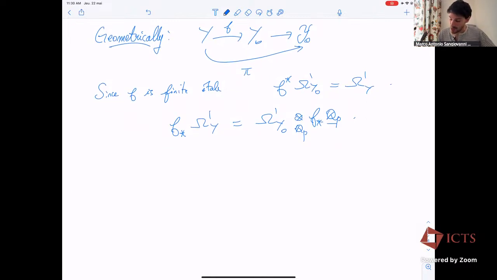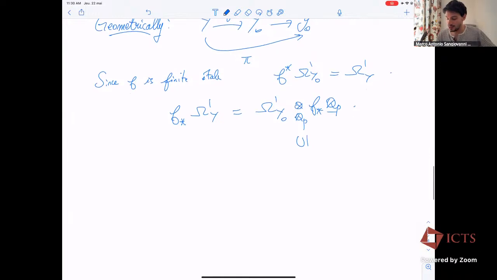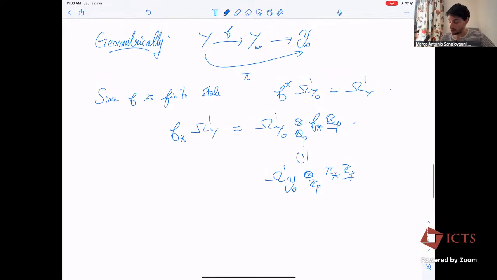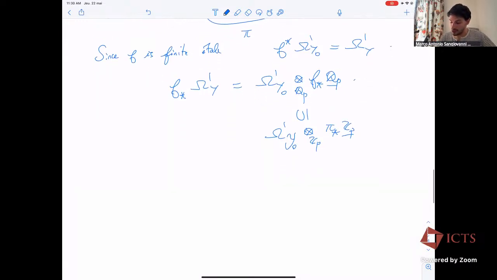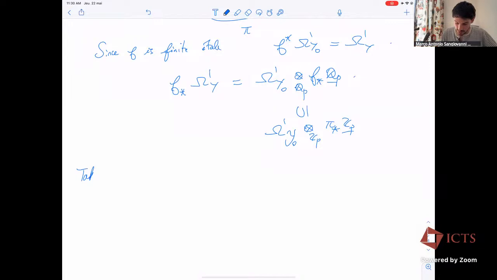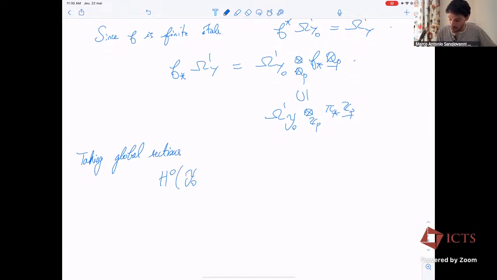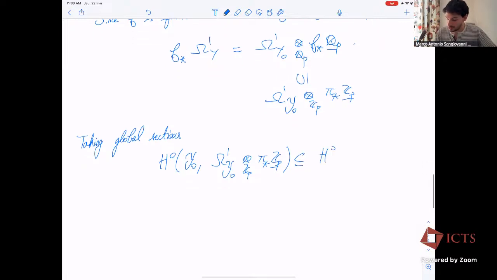And in this one, you have a natural lattice inside, which is the differentials of the integral model tensored with the push forward of the constant sheaf from Y. And so now when you take global sections, you see that H0 of Y naught, omega i of Y naught, tensored with Zp, with pi star Zp, lies inside the H0 of Y, omega i.